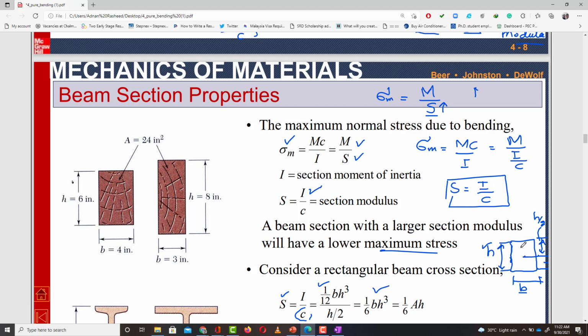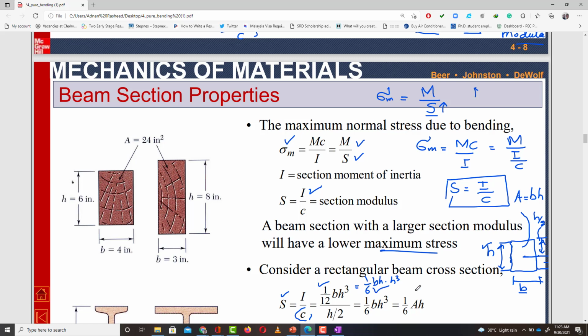Now the area of this rectangular cross section is equal to b into h. Clear? So if I write 1 over 6 bh square as b into h into h, I can write it as well.